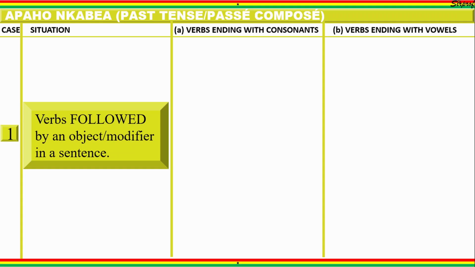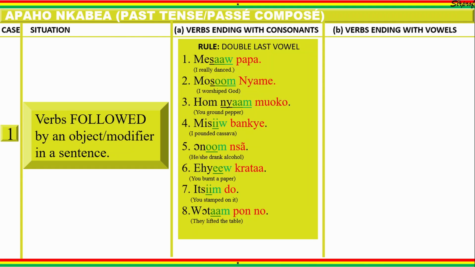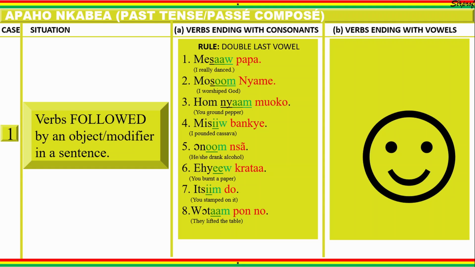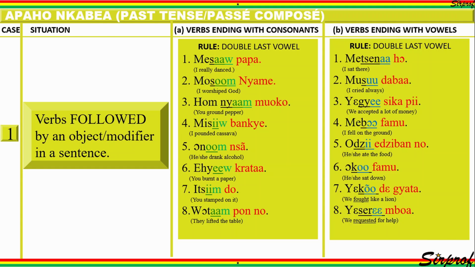Let's take a look at some more examples. Verbs followed by an object or a modifier in a sentence. We have already seen the case of consonants in our previous lesson. For verbs ending with vowels, as we have said already, we double the last vowel of the verb.